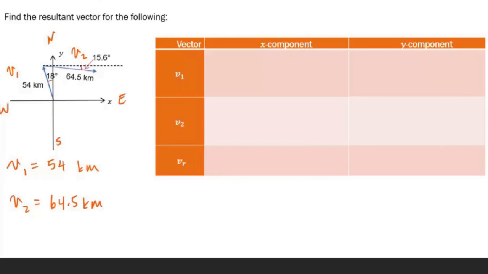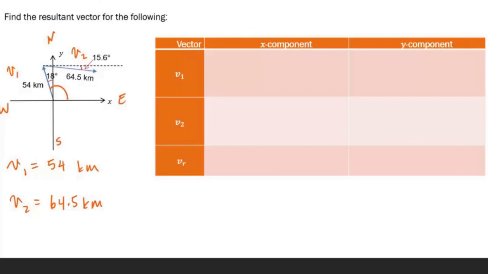But when we enter this into our calculation, we have to ensure that we're giving our calculator the information correctly, which means we need to give the angle in standard position. So the angle that we're going to report for vector 1 is not 18 degrees, but rather starting at the positive x-axis.